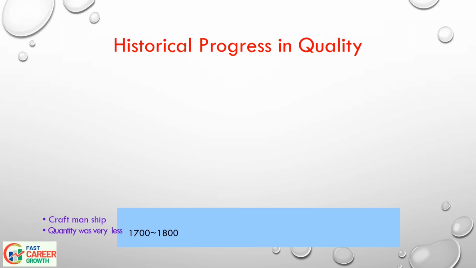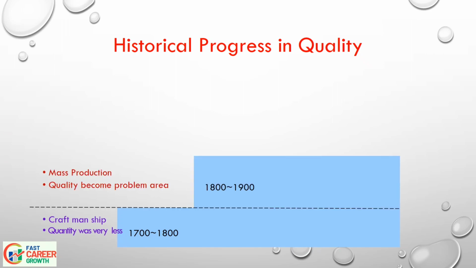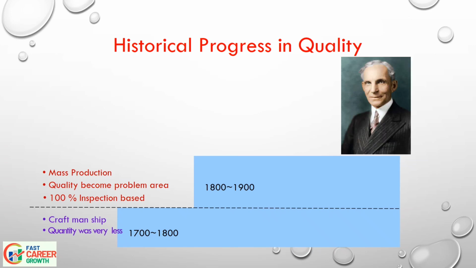However, the introduction of mass production in the late 18th and early 19th centuries changed things. Production processes became very complex, with many workers, rather than one skilled craftsman, responsible for the final product. Inevitably, product quality characteristics displayed variation. In particular, Henry Ford developed the moving assembly line at Ford Motor Company.